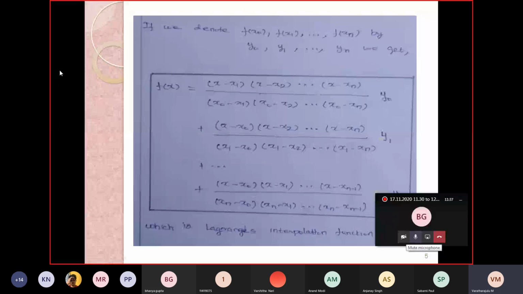Okay, fine. Assume this is the formula: x minus x naught, x minus x1, and so on up to x minus xn. That way we can remember: if the term is y naught, then we need to omit x minus x naught and subtract with x1; if the term is y1, then we omit x1.